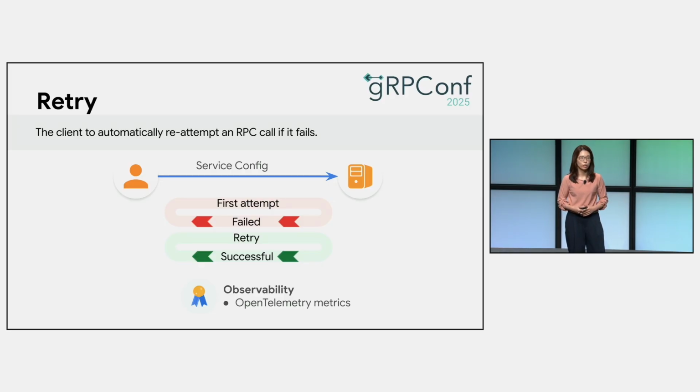Once a response is received, no further retries will be attempted, and gRPC will hand over the call to the application. If you have observability enabled, you will see the retry metrics, including details like retry attempts and backoff delays for each call.